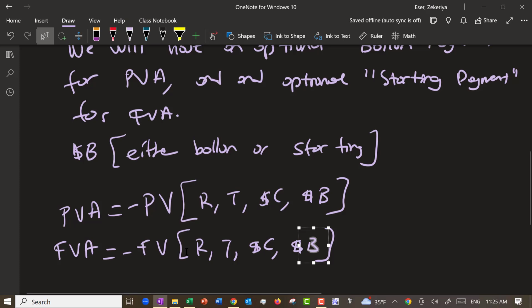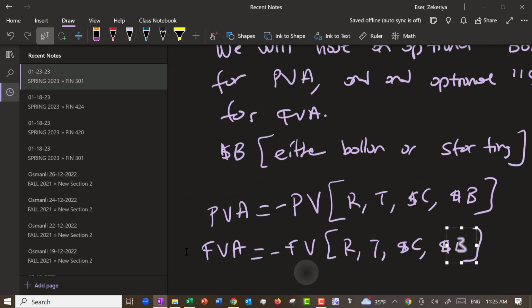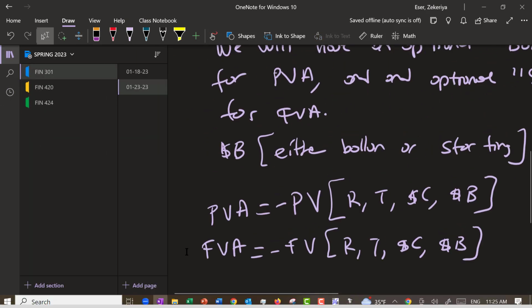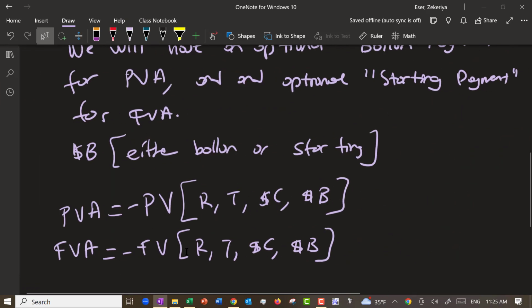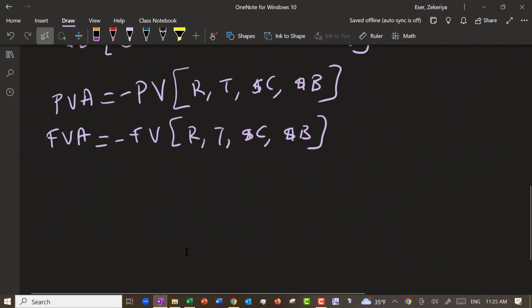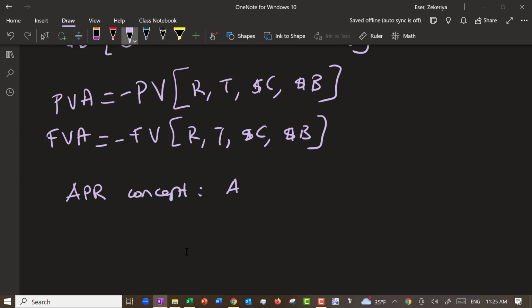The formula works with periodic interest rates and number of payments. But a lot of the times we work with annual units. So in terms of interest rates, we use the APR concept, which is short for annual percentage rate.